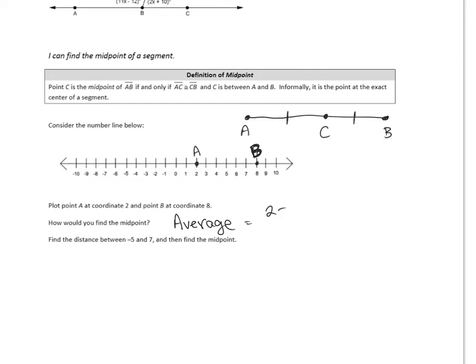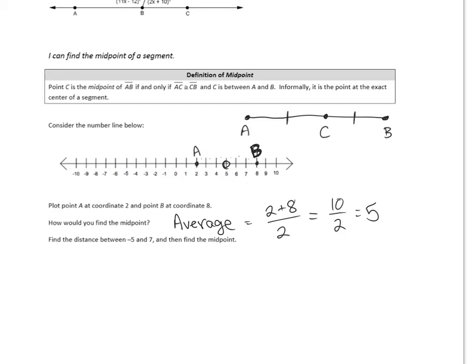So that would be 2 plus 8 over 2, which gets me 10 over 2, or 5. 5 would be my midpoint right here. So looking at that, 5 is 3 away from B and 3 away from A. It's the exact middle. 5 is my answer.